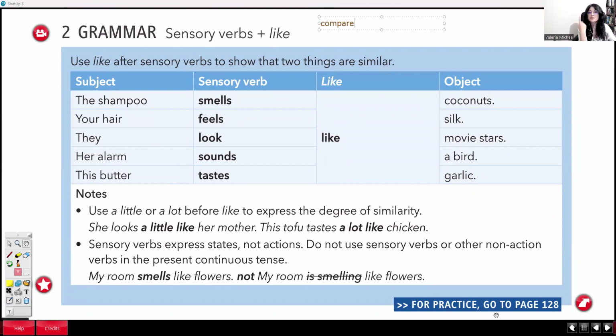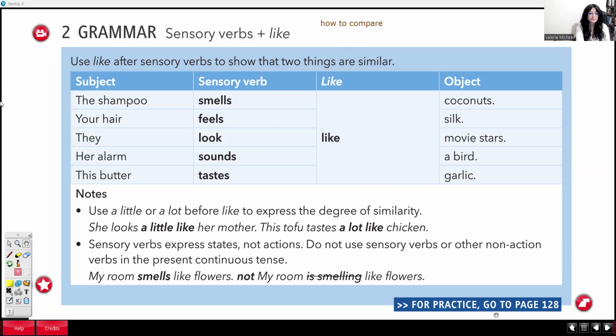That's the goal, comparing two things, right? So in order to compare, you have to have one thing and another thing. How can you compare using sensory verbs? That's something that we are going to look at. So how to compare?